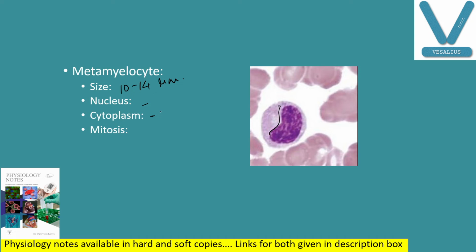According to the nature of the secondary granules, this cell is classified as neutrophil, eosinophil, or basophil. The granules show amoeboid movements, and this movement is maximum in the neutrophils. Mitosis now stops at the metamyelocyte stage.